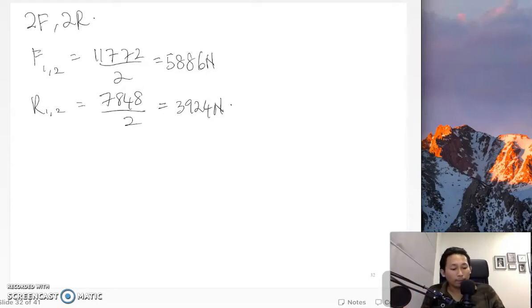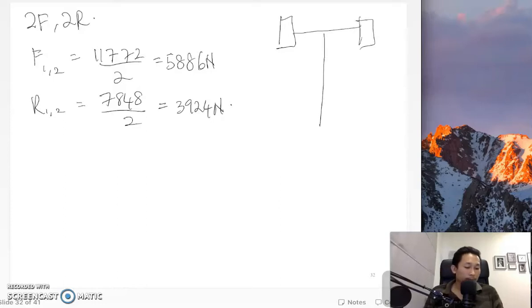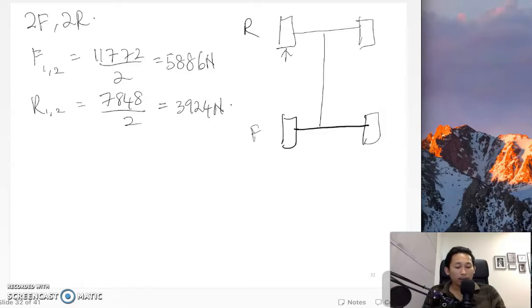So if we have our wheel, this is rear and this is front. So rear is 3924 Newton and front is 5886.